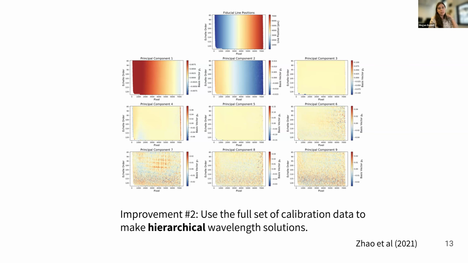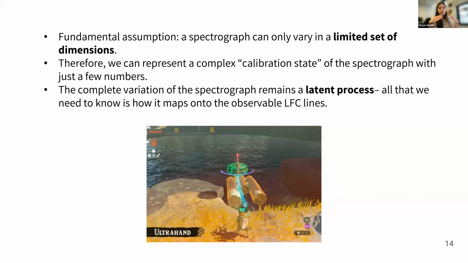In order to construct this sort of model, I want to take a little bit of a step back and think about what the fundamental assumption that we're making here is. That assumption is that we can do a dimensionality reduction model because we're saying that the spectrograph has a limited number of effective vectors along which the system can move.